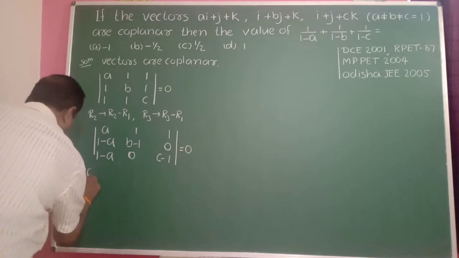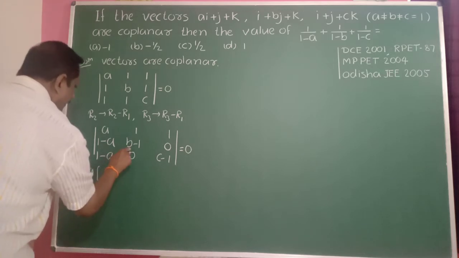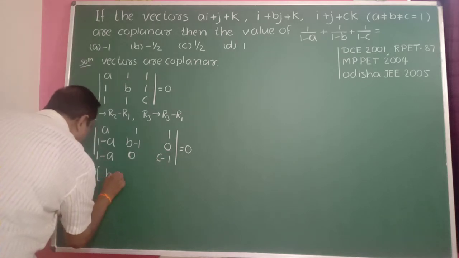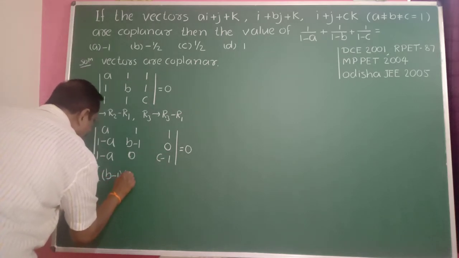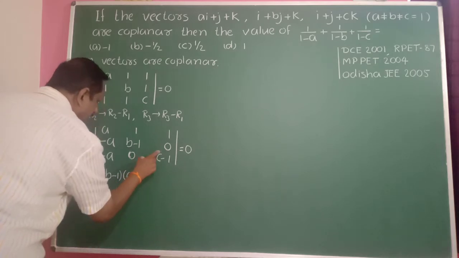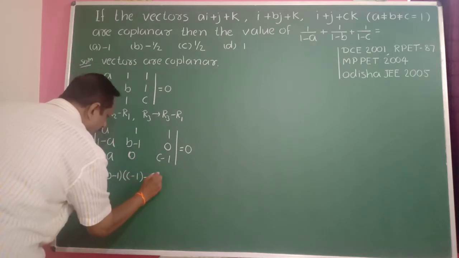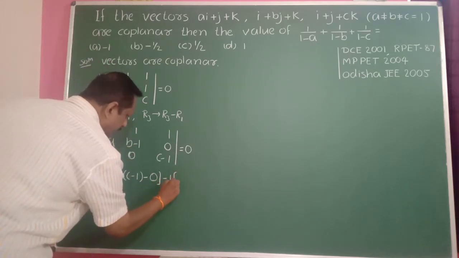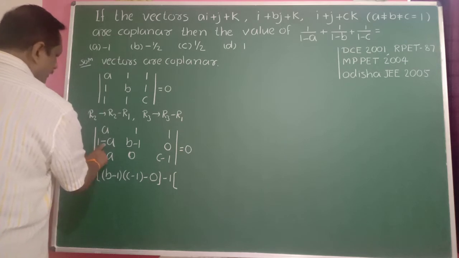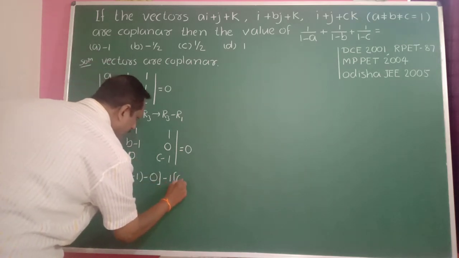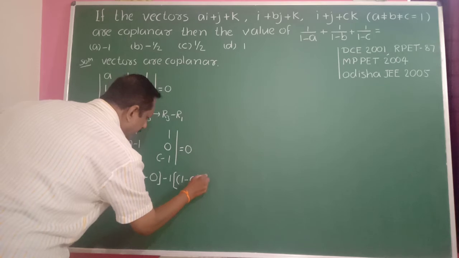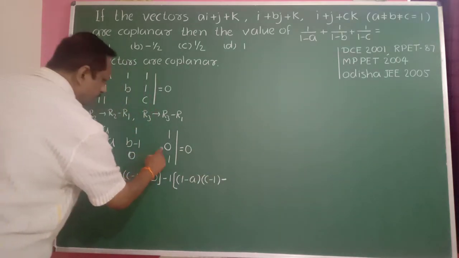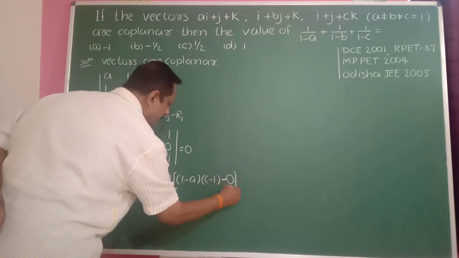So A into (B minus 1) into (C minus 1) minus 0 into 0, bracket complete. Then minus 1 into bracket (1 minus A) into (C minus 1) minus (1 minus A) into 0, bracket complete.